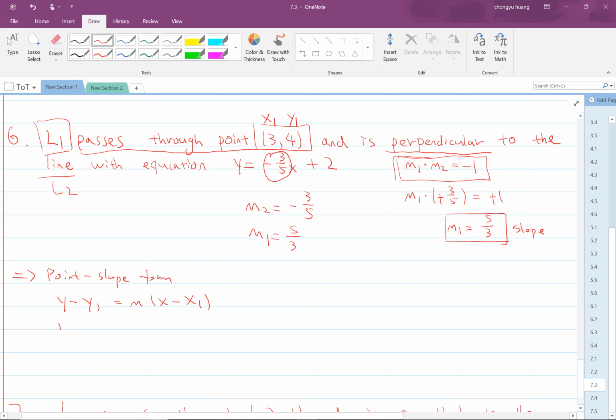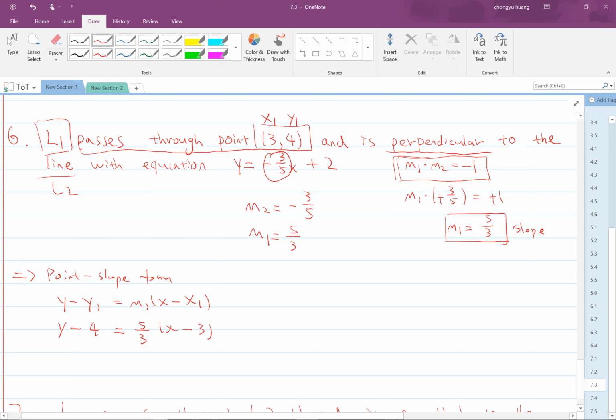So y minus y1 is y minus 4. The slope m1 is 5/3, and then we have x minus x1, where x1 is equal to 3.